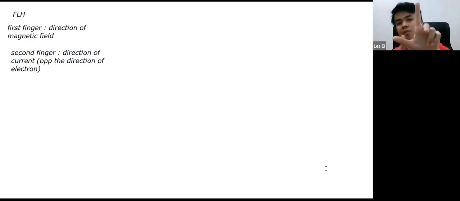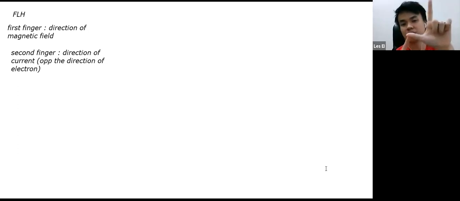So actually, we use the thumb also. You have to use your thumb, your first finger, and your second finger. But practically, I found that students have difficulties with this. So for your second finger, you can just keep it and focus on the palm.